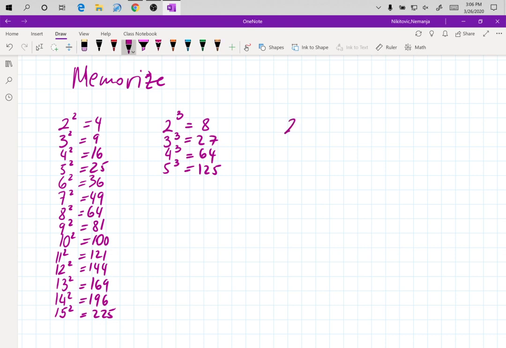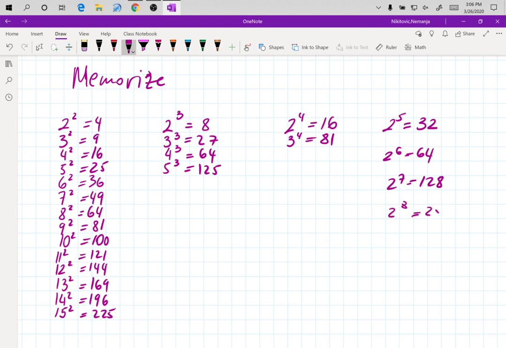2 to the 4th is 16. 3 to the 4th is 81. Those are usually the ones with the 4th power. And then technically 2 to the 5, 2 to the 6, 2 to the 7, where you are always just doubling by 2, which is fairly simple.